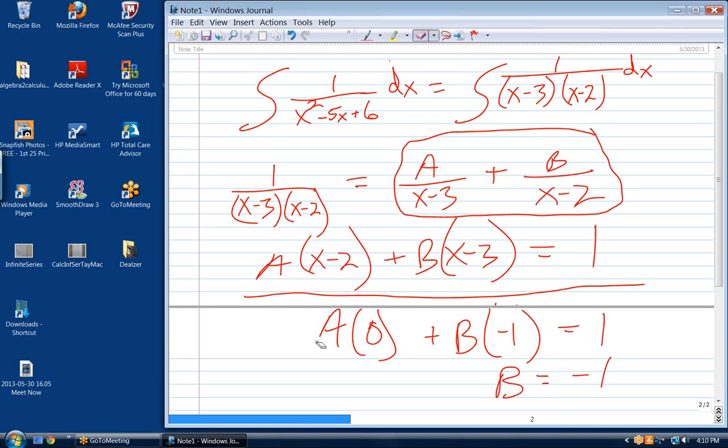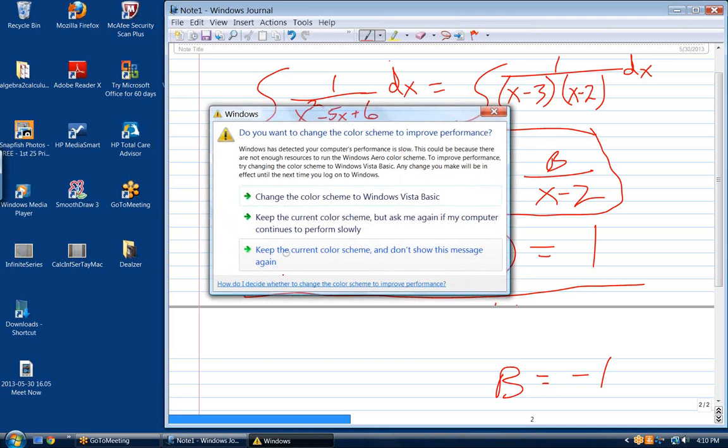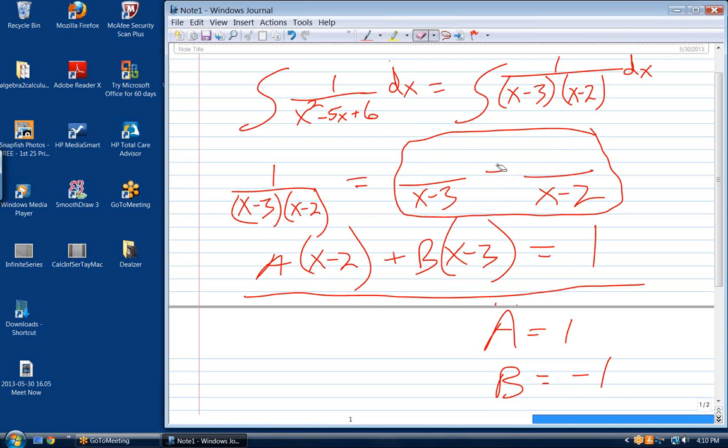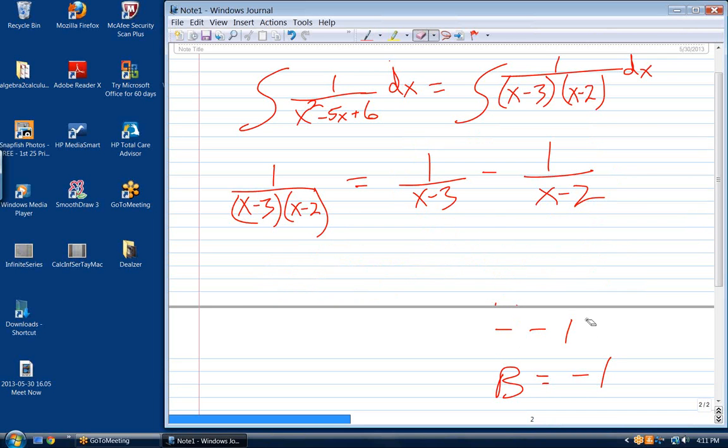And likewise, if I let x equal 3 so I can eliminate the B term, then I've got A equals 1. Do you see that? Yeah. Okay. So I've solved for A and B, relatively simple here. It becomes 1 over x minus 3 minus 1 over x minus 2. And then that becomes easy to integrate.